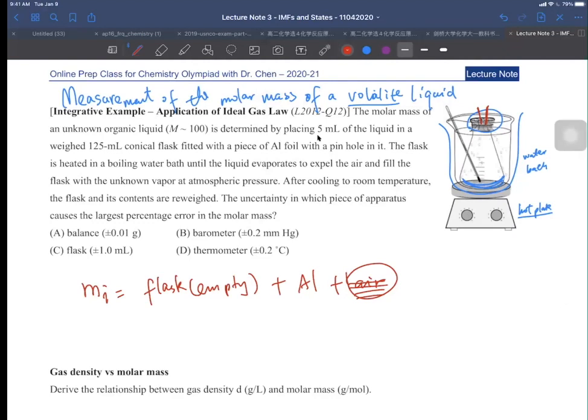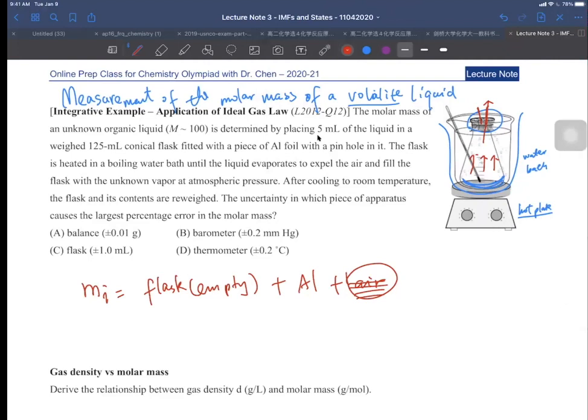And then you will add some liquid in the flask. And then you will put the flask with the aluminum foil cap in the water bath, turn on the hot plate and keep the water boiling. Since the water is so high in temperature, the liquid will vaporize, and the vapor will squeeze all of the air out through the tiny hole.